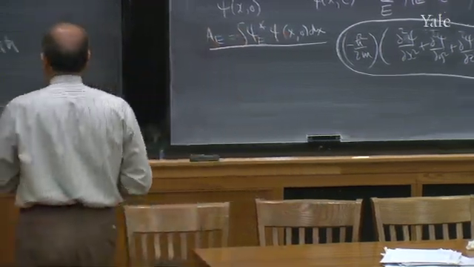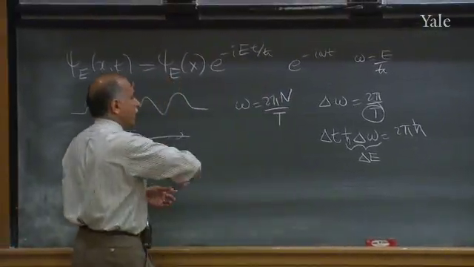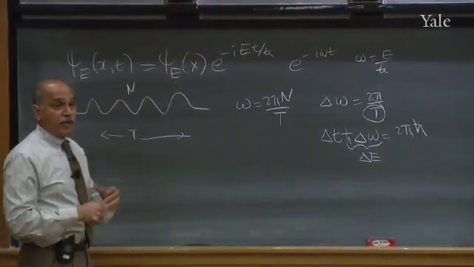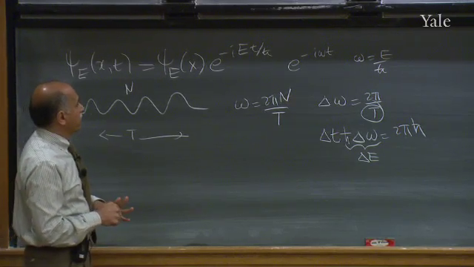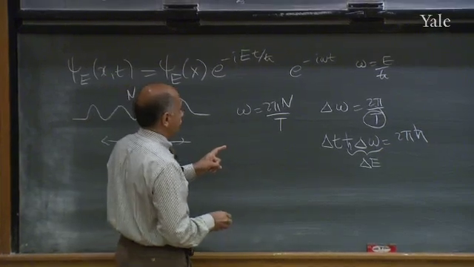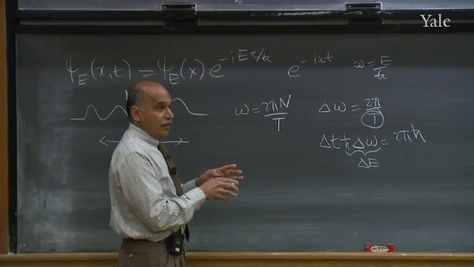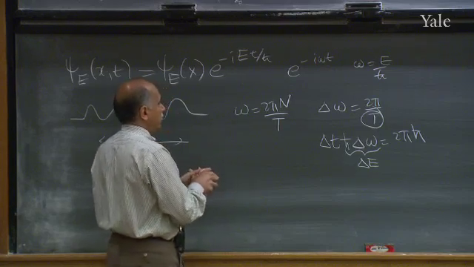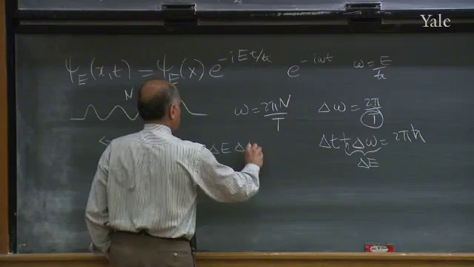Therefore, for a state to have a well-defined period, that is to say, well-defined energy, it has to be in existence for some time. So if you have had time to measure energy only for a finite time, energy will not be defined to better than this accuracy. Delta E delta t is of order h bar.